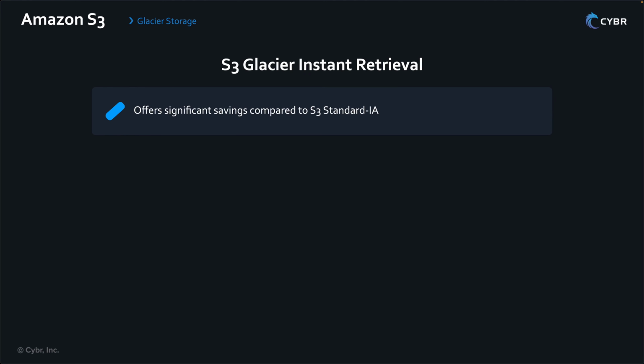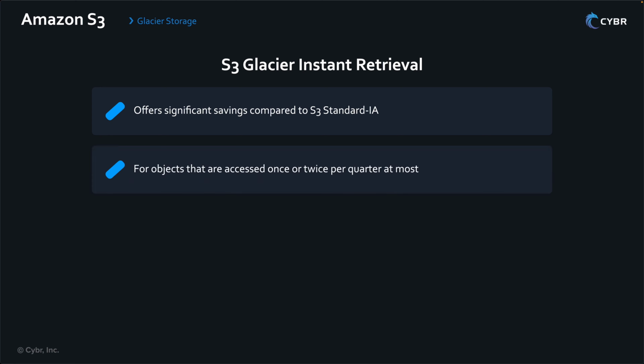So S3 Glacier Instant Retrieval offers significant savings compared to S3 Standard IA, which is already cheaper than regular S3 Standard. Because retrievals are charged, this class only makes sense for objects that are accessed infrequently, and so we're usually talking about either once or maybe twice per quarter at most.